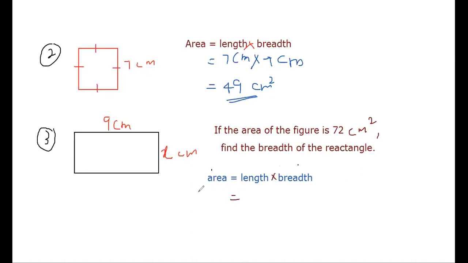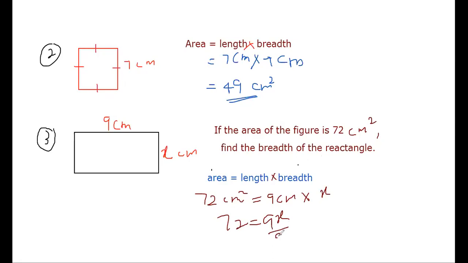Then the area is given as 72 square centimeters. Length is given as 9 centimeters. Breadth we don't know, we have to find it. We can write this as an equation: 72 equals 9 multiplied by x. How can we find x?